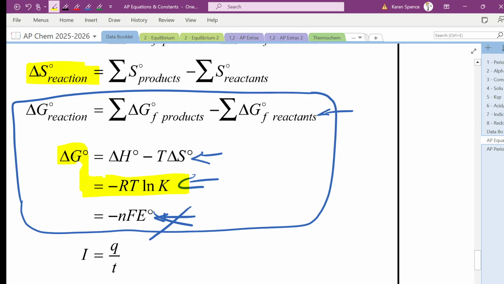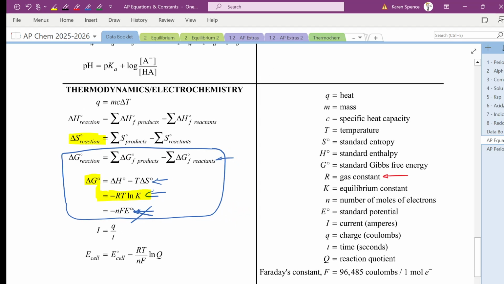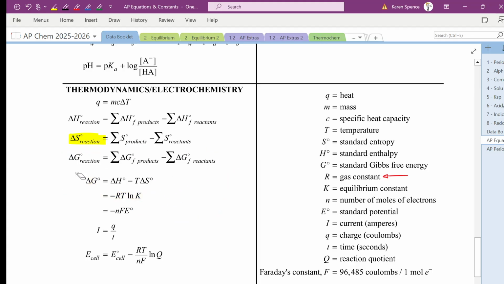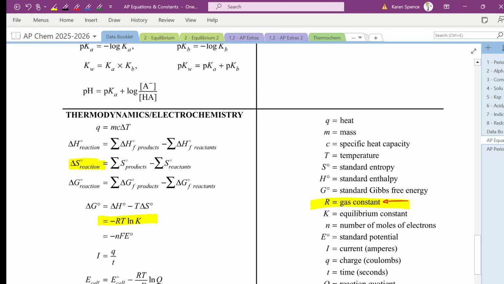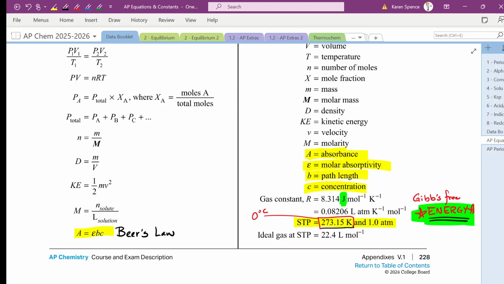Now R, sadly, if you're in the thermodynamics section and you look up R, it just tells you that it is the gas constant. You're like, gosh, wouldn't it be nice if they told me the value of R because it's right here? But no, you would have to flip to the page before in gases.